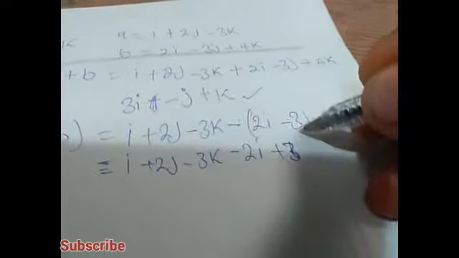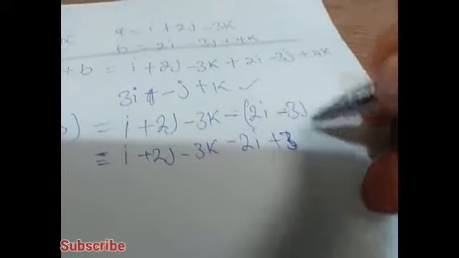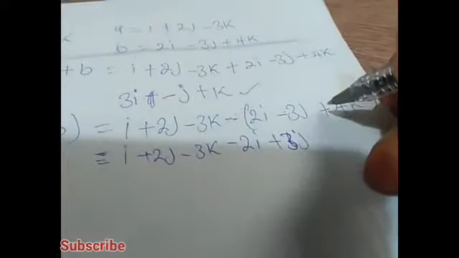This is minus, which is plus, times 3J, minus plus, which is what? Minus plus 4K. Remember this: minus times minus is equal to plus, plus times minus is equal to minus, minus times plus is equal to minus, and plus times plus is equal to plus. Remember this. This is what we're using here.